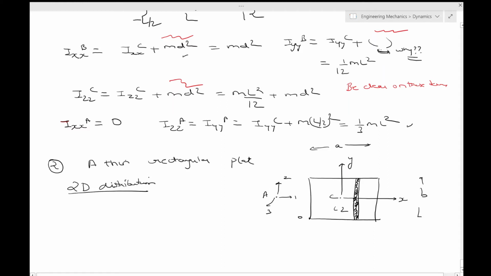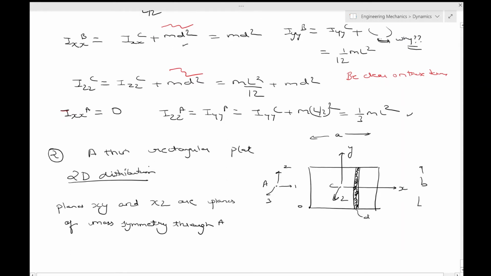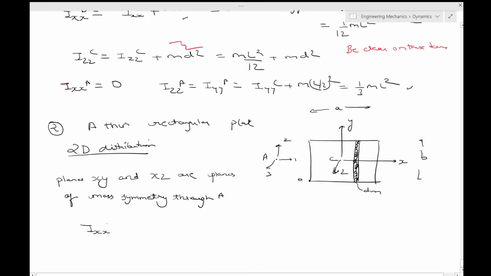So the planes x, y and x, z are planes of mass symmetry through C. So what we do is we divide it into a small strip, this area into a small mass dm, and try to write the value of say Ixx of C, that will be equal to the integral of 1 by 12 b square dm.